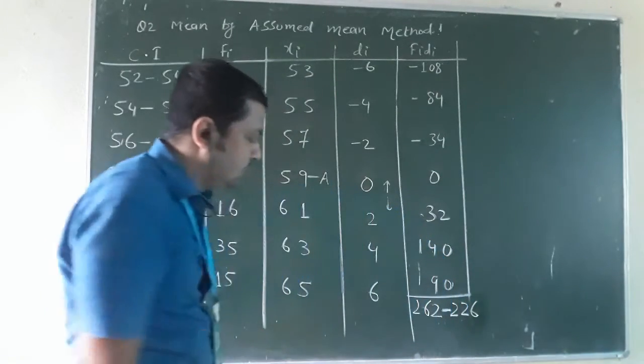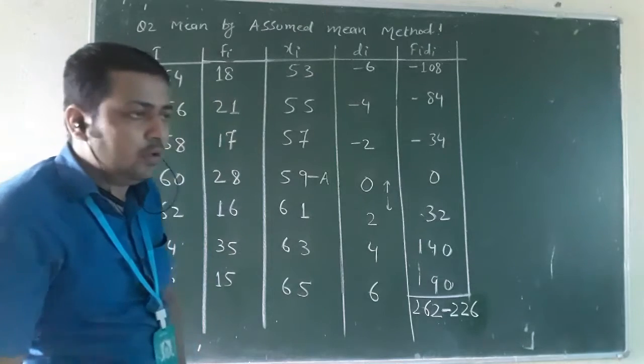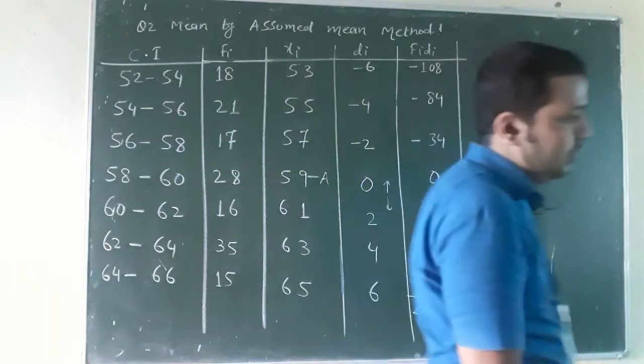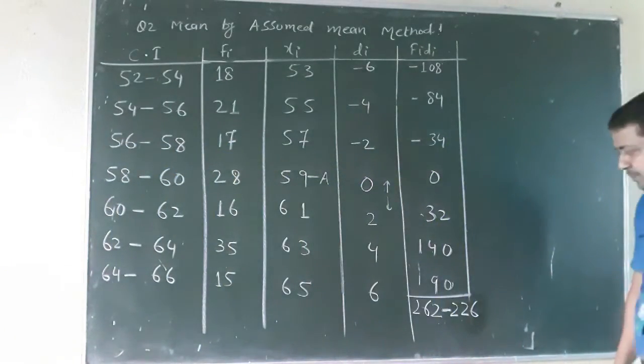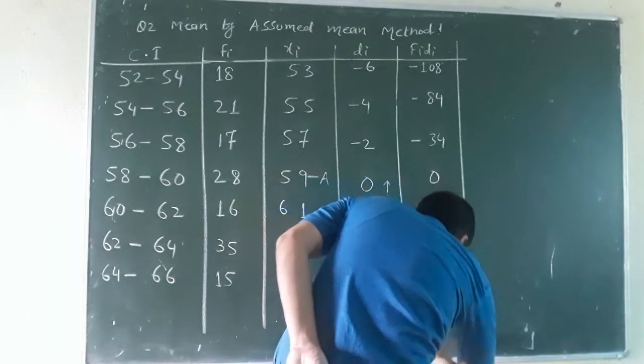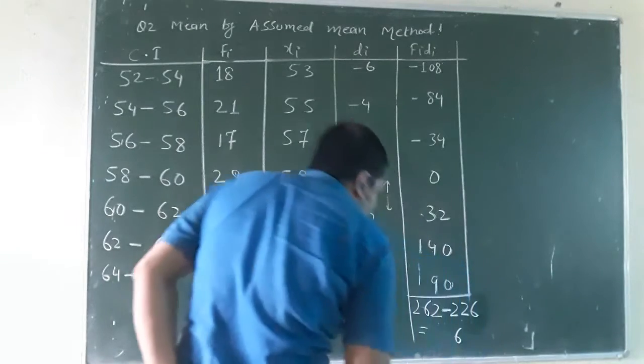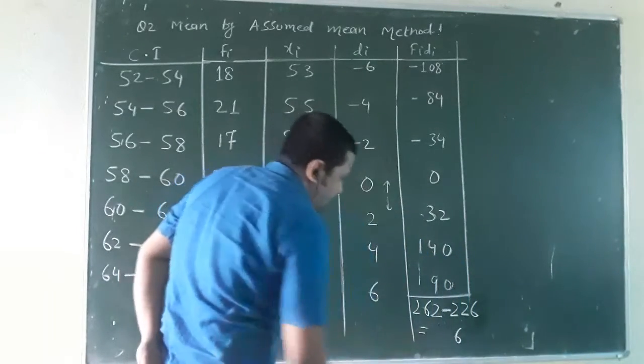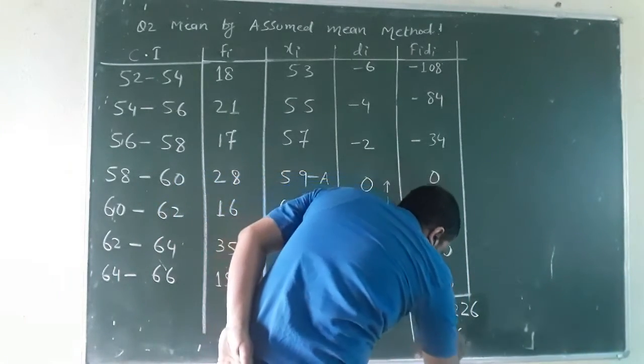Now 262 minus 226, the difference will be 36.